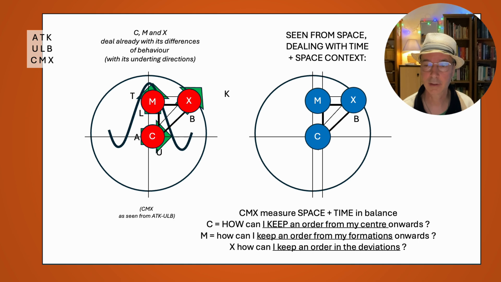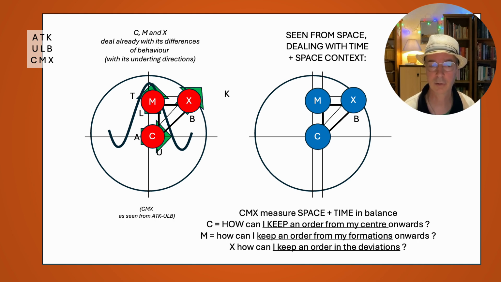When you sense that there is a different behavior, while we're still in the beginning, you still try to focus on where am I and how can I adapt so that I keep my focus on the middle, on the other side, on the edges. I want to keep my focus. It's behaving already, underlying with different time frames, with creating different contexts, but I keep my focus intact in a kind of balance. These are C, M, and X.